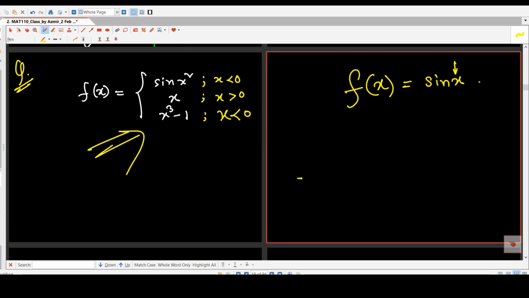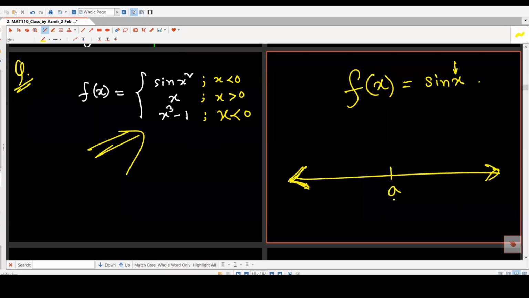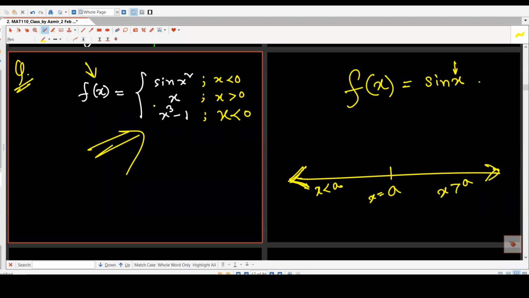If we think about the real number line, we can take any larger value, any smaller value, any value a. So if we think about x equals a, the question is, how does this f of x have 3 parts?